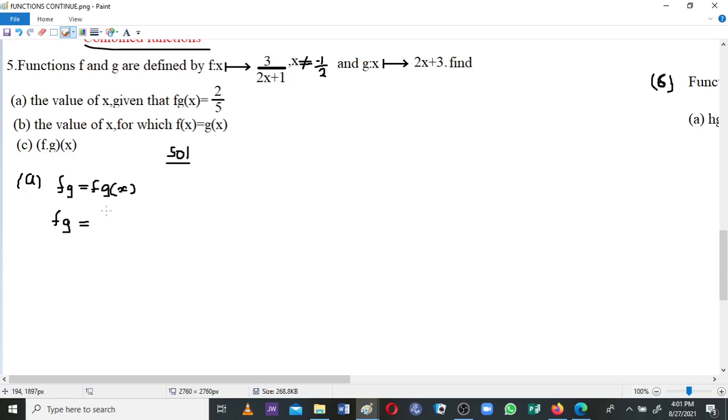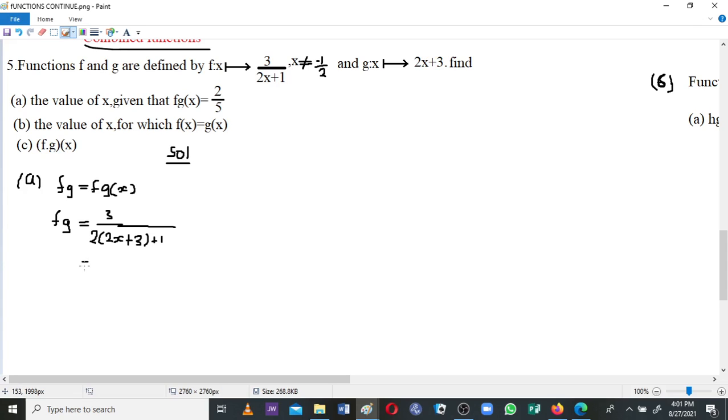So if we do that, we are going to have 3 over 2, you open your brackets, 2x plus 3, close your bracket, and then plus 1.